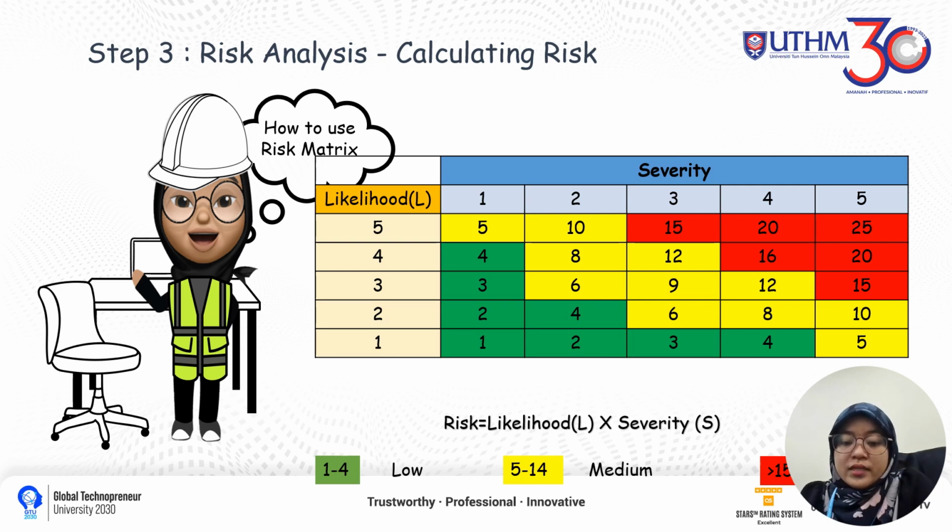First is low, second is medium, third is high. If you get the value of 1 until 4, it belongs to the low level. And then if the value is 5 to 14, it belongs to the medium level, and above 15 is considered as high risk level.